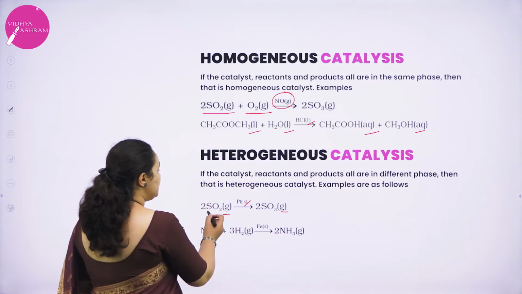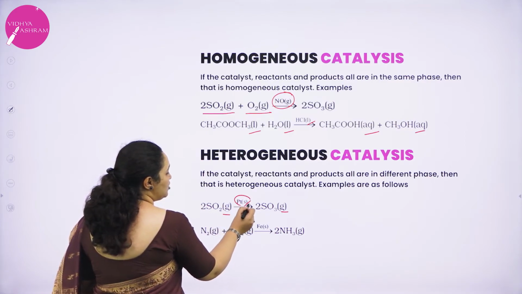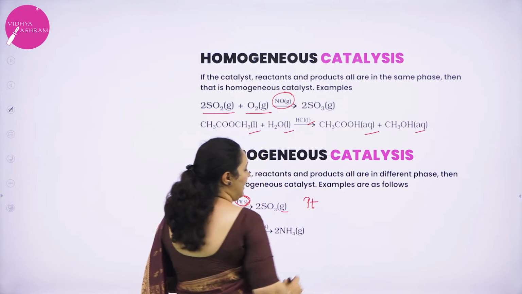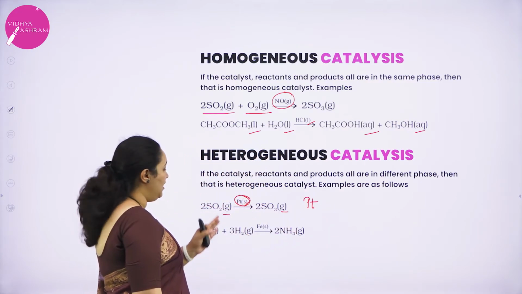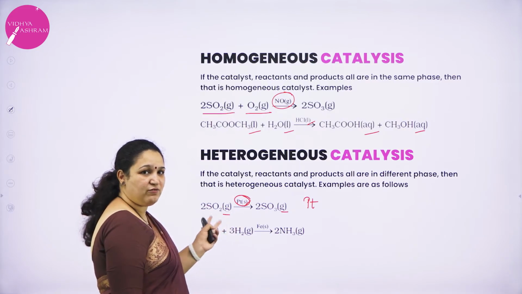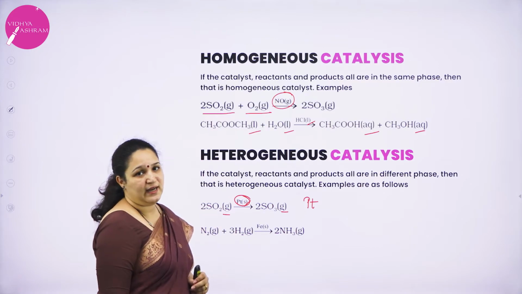Here you can see sulfur dioxide giving sulfur trioxide gas, and we are using a solid catalyst, platinum. It is in the solid phase, whereas the reactant is in the gaseous phase. So there is a change in phase. Such a reaction is an example of heterogeneous catalysis.